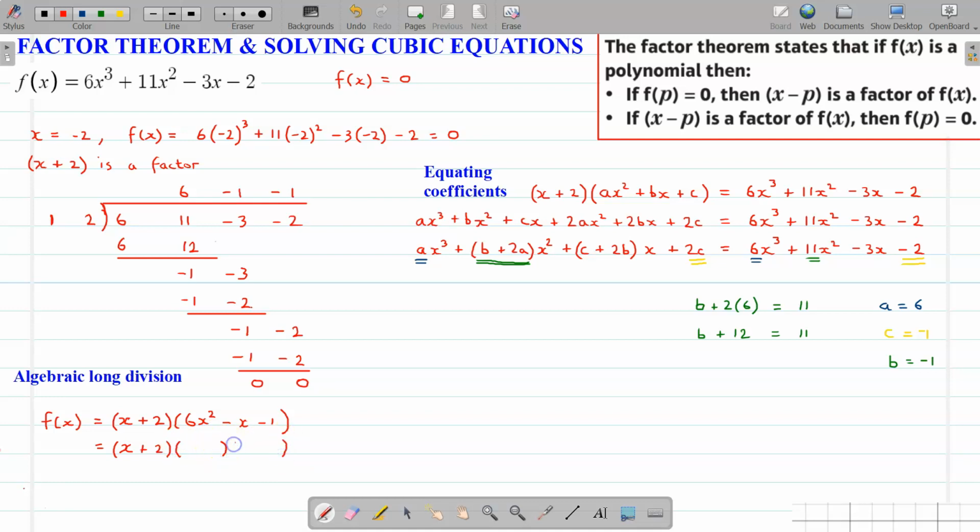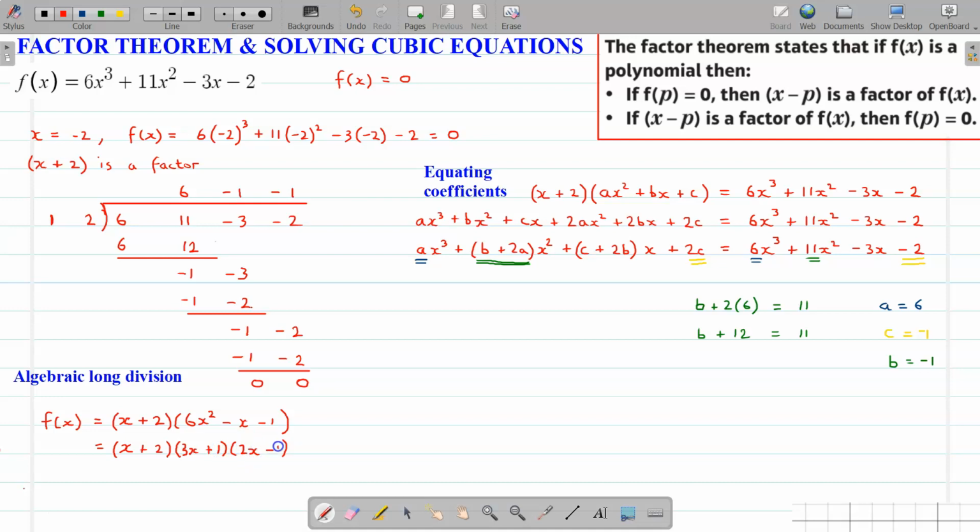Well, there's several options here. It could begin with 6x and x, or it could begin with 2x and 3x. And a little bit of exploring would show that it's 3x plus 1 and 2x minus 1.